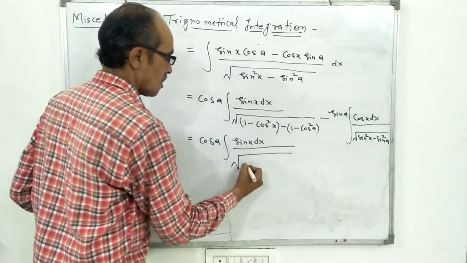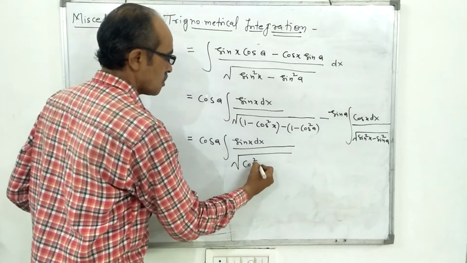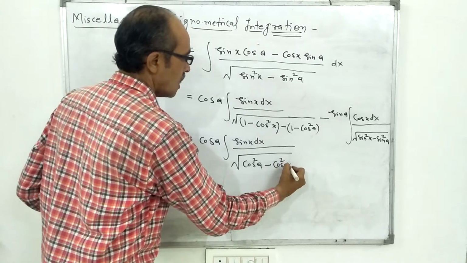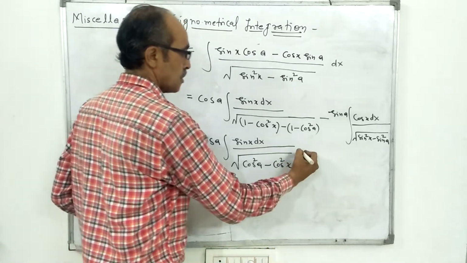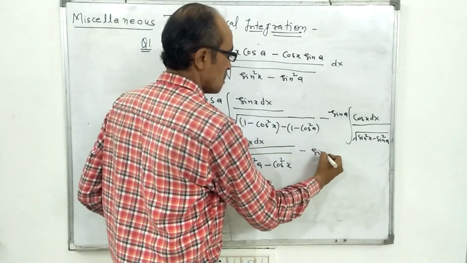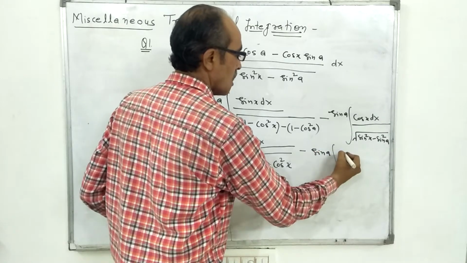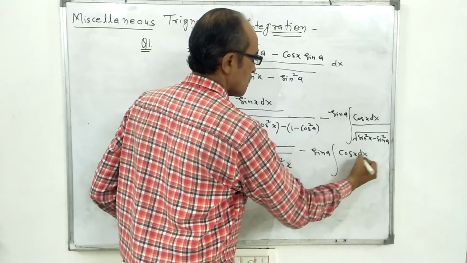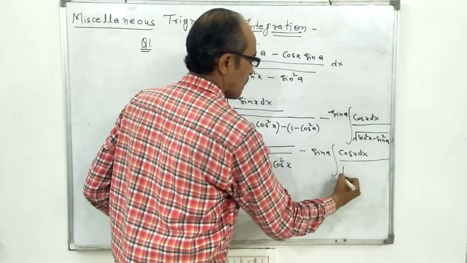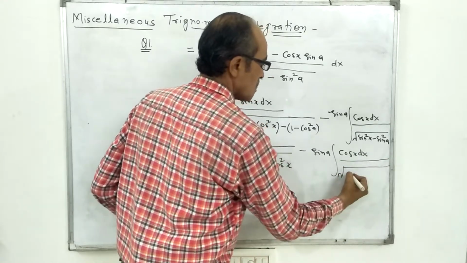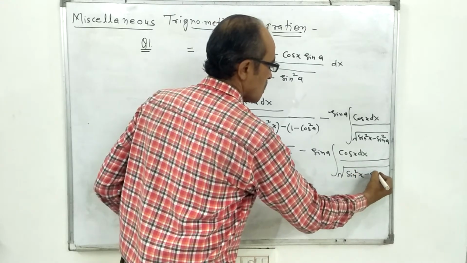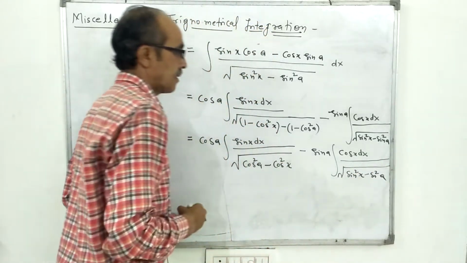So there is the root of cos square a minus cos square x, and the next term is sin a, a constant, times the integral of cos x dx divided by the root of sin square x minus sin square a.